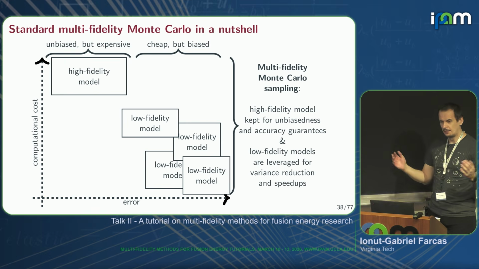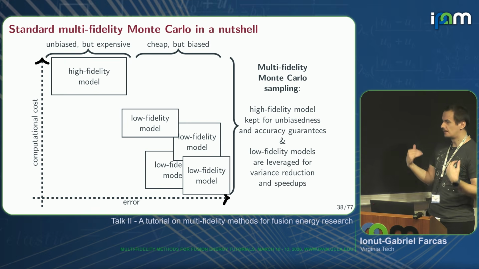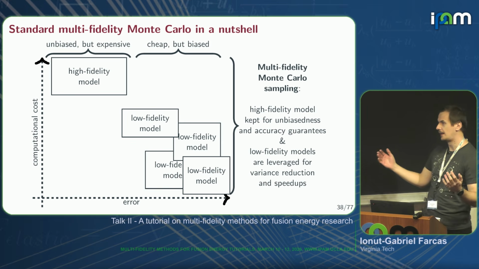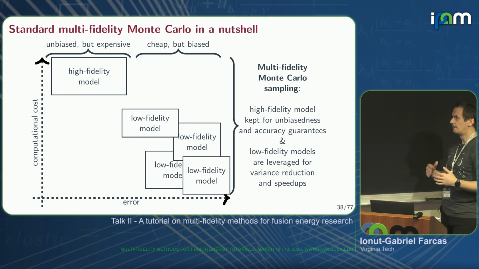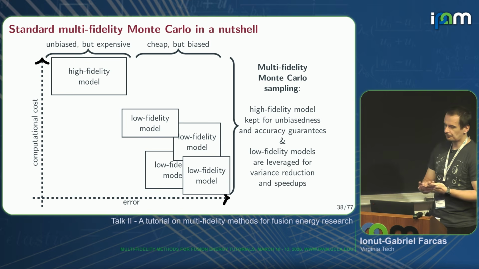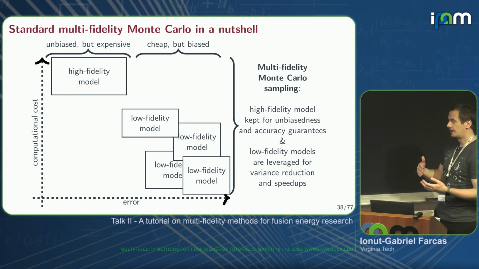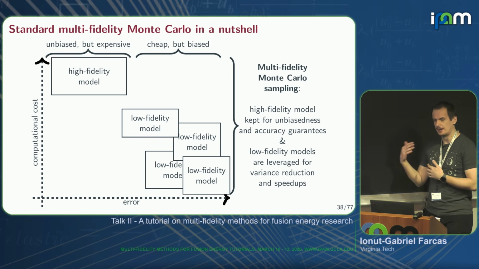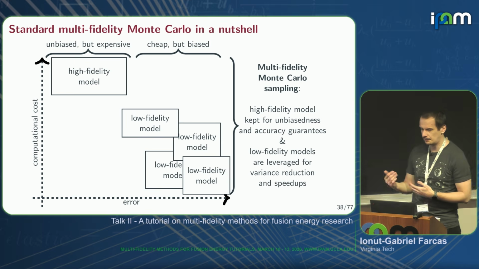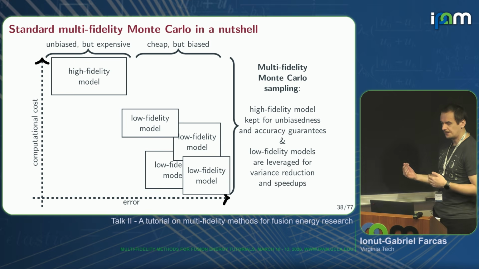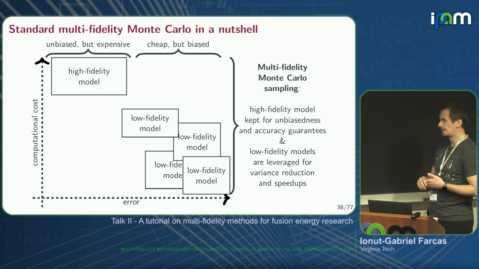In the context of Monte Carlo sampling, this means that we use Monte Carlo estimators that depend on both high and low fidelity models. This is the way the multi-fidelity idea manifests here. And because we keep the high fidelity model in the loop, we can guarantee that the estimator is unbiased, which is desirable. And we use the low fidelity models for variance reduction and speedups.